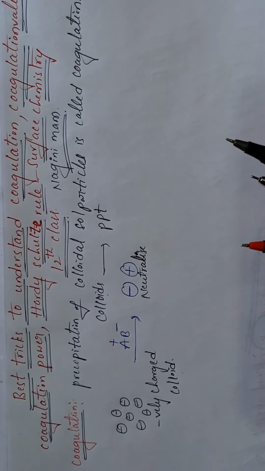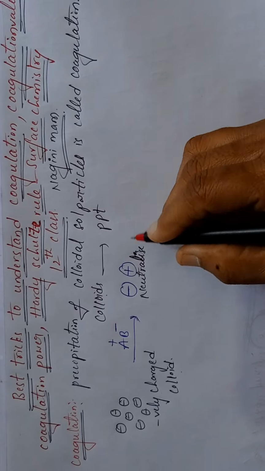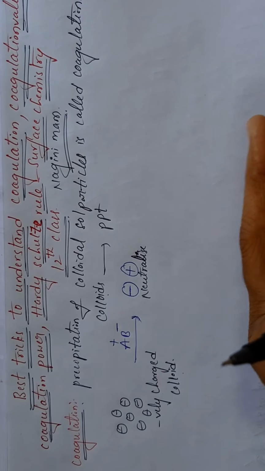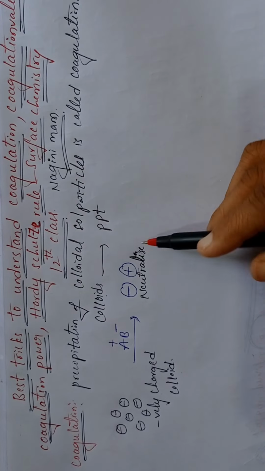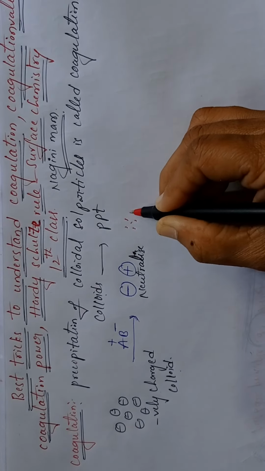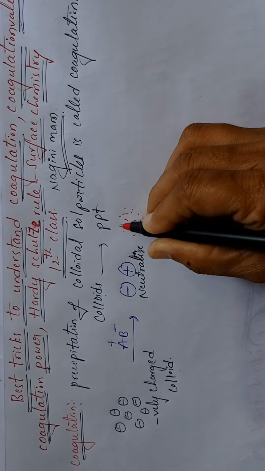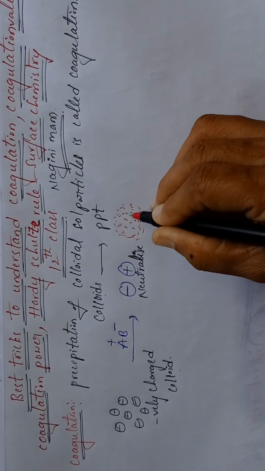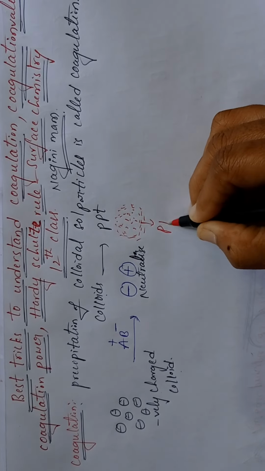So whenever neutralization takes place, all particles come closer to each other because they don't have any charge. Neutralized means molecules are formed like this. Are you understanding, students? These molecules are called the precipitate.